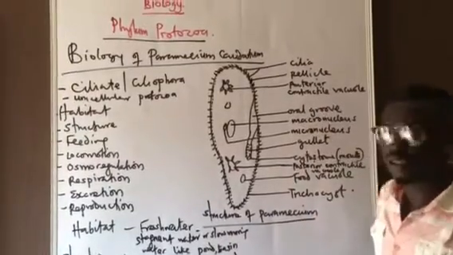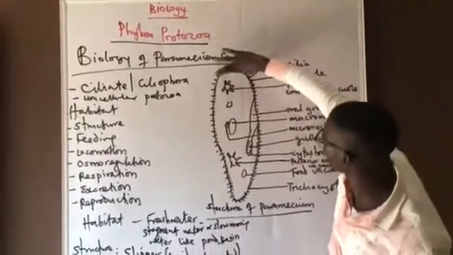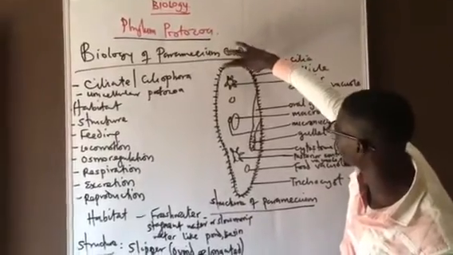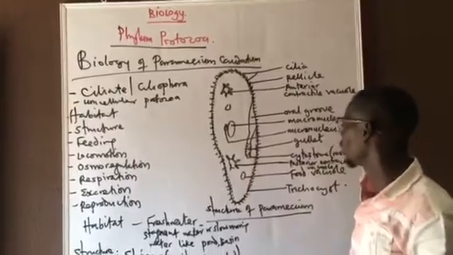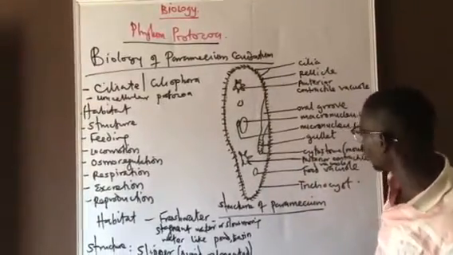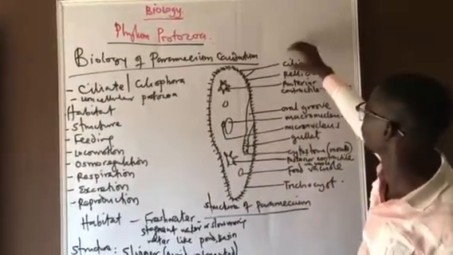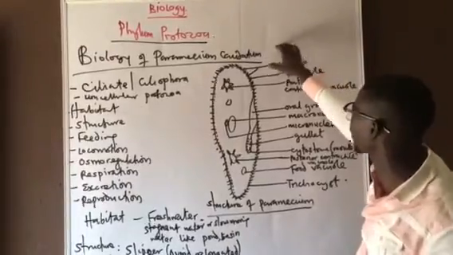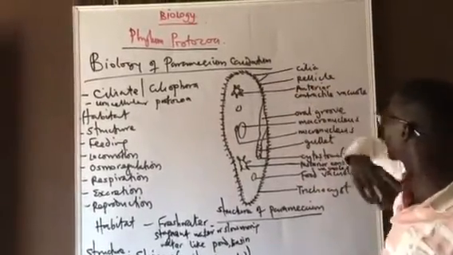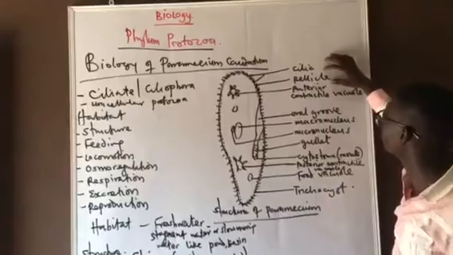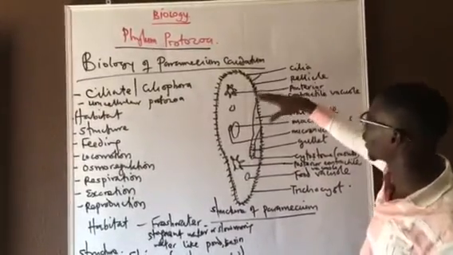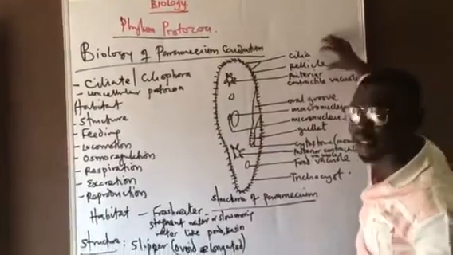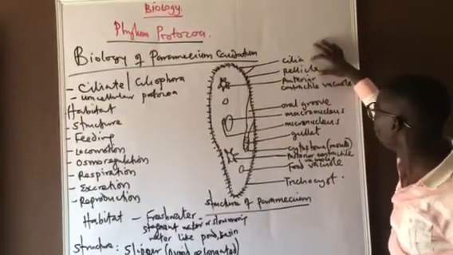So like I said, the structure is usually blunt at the anterior part, and tapers toward the posterior part. It has cilia, and this cilia occurs in pairs around the body. The pellicle is a thin layer, immediately after the ectoplasm, and it is covered by the cell membrane.